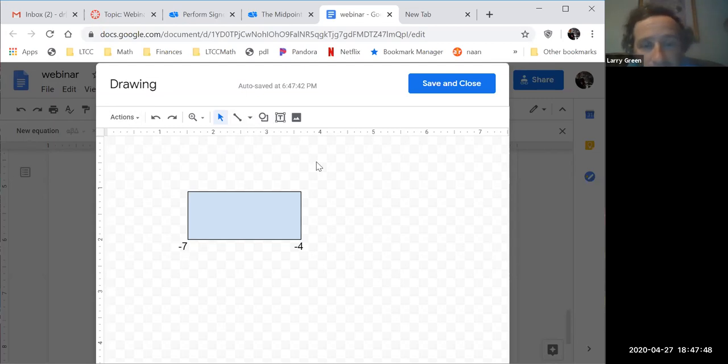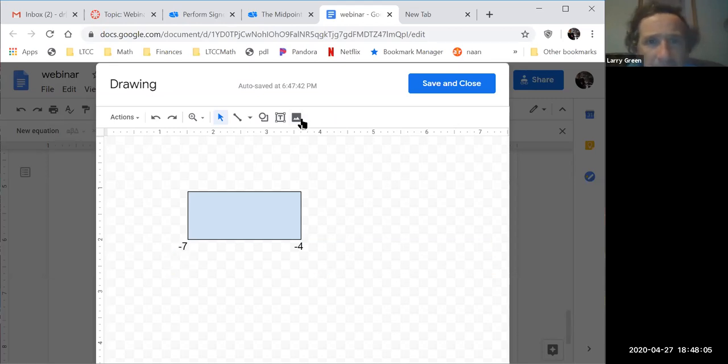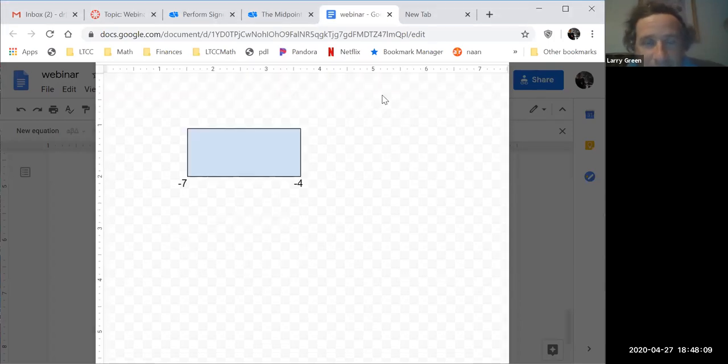So let's save it. Oops, that's not what I want. Oh, I know what the problem is. There it is, hidden behind my Zoom window.